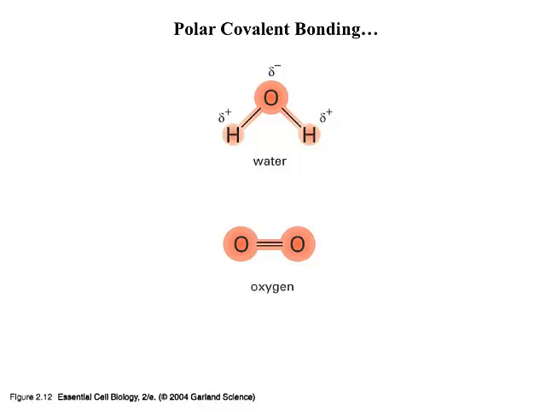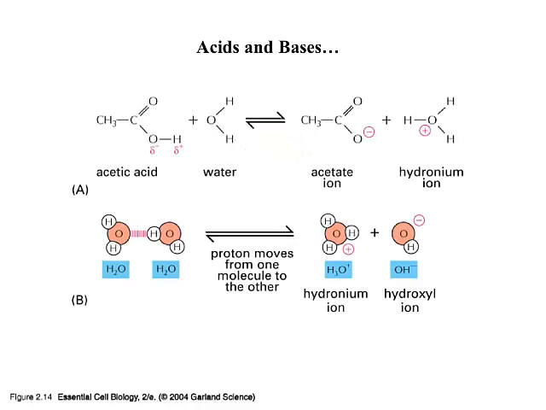Let's see, what else? Acids and bases. So the pH measures what? What is an acid on the pH scale? Okay, it's measuring the concentration of hydronium ion. But there will be free protons in the solution.